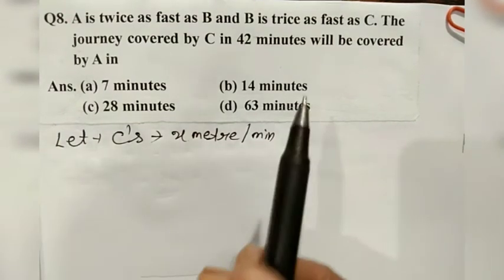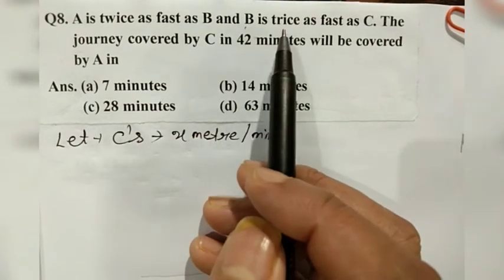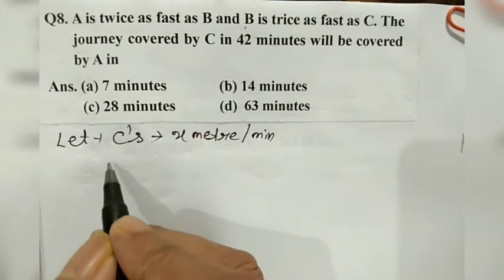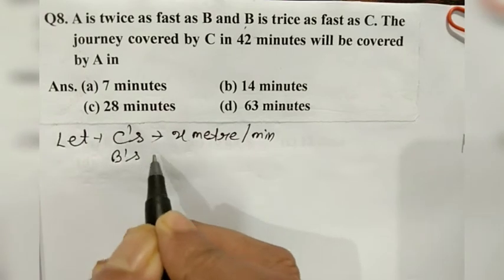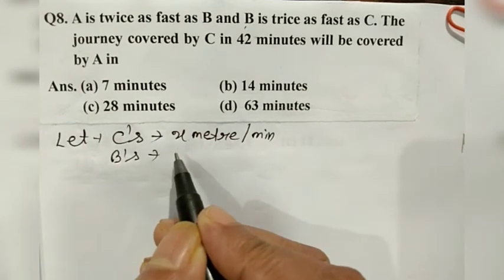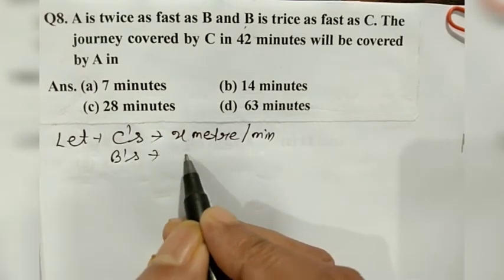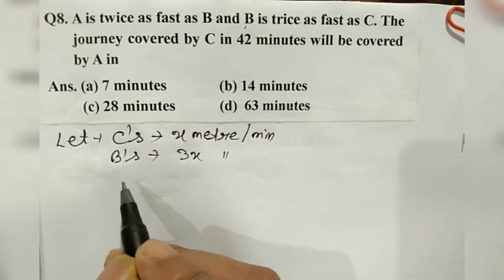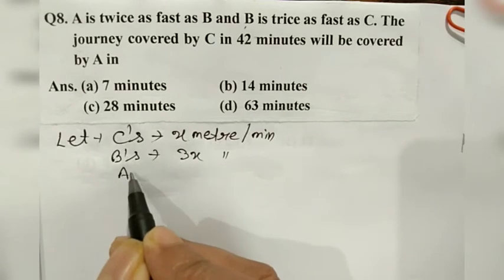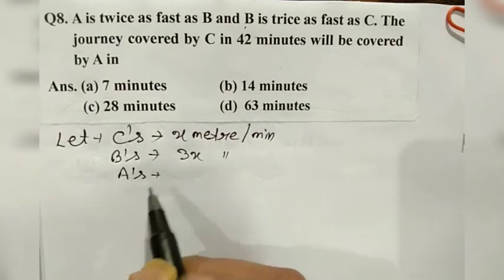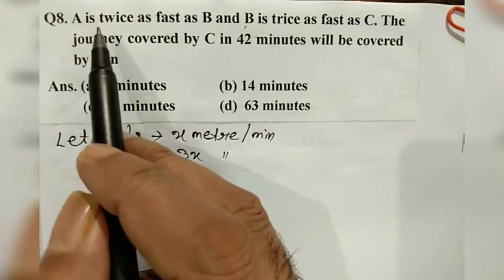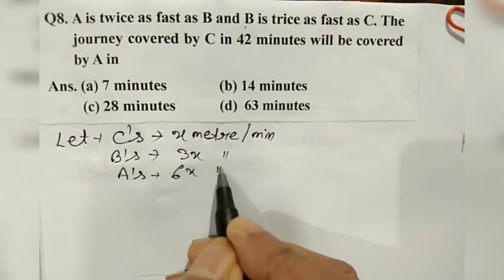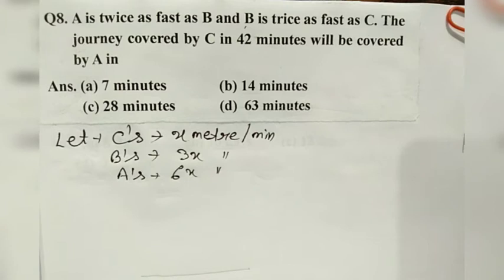Then B is thrice as fast as C, so B's speed is 3x meter per minute, and A is twice that, 6x meter per minute.